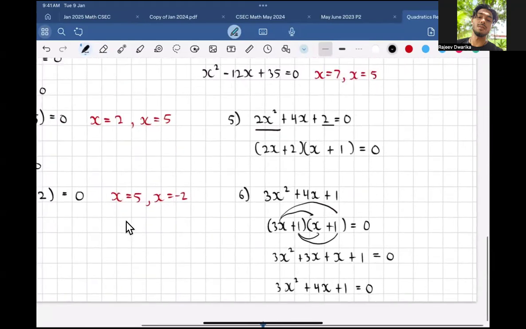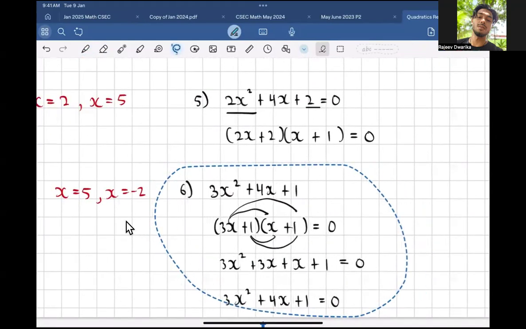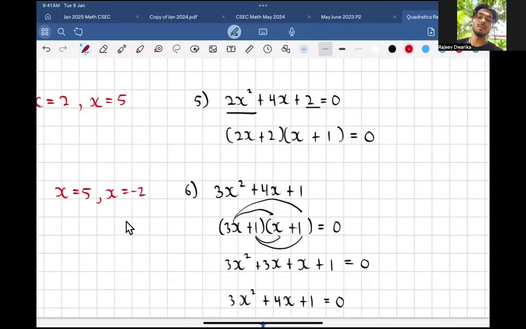And now if we wanted to solve for x, how would we do that? Let me see if you could do that. If you want to solve for x, you look at these factors and you put each equal to 0. So you would say 3x plus 1 is equal to 0, and x plus 1 is equal to 0. You're trying to solve for x here. So how would I solve for x?